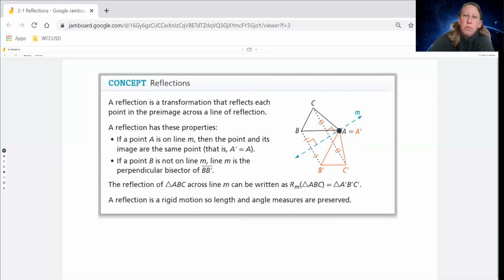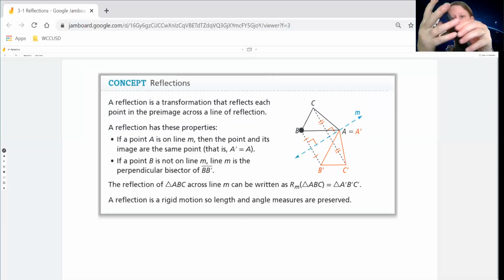Reflection has a couple properties. If the point of reflection is on the line itself, then it doesn't move. The point and its reflection are the same point. Point and its image are the same point. If I wanted to find where B, the image of B, is going to match up, I could grab a phone.